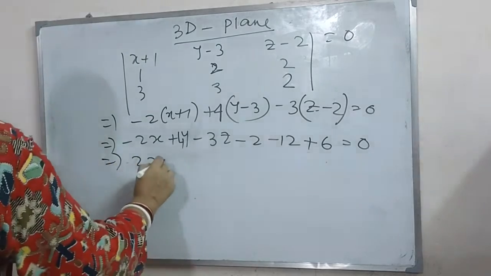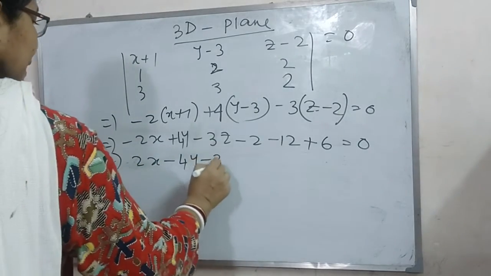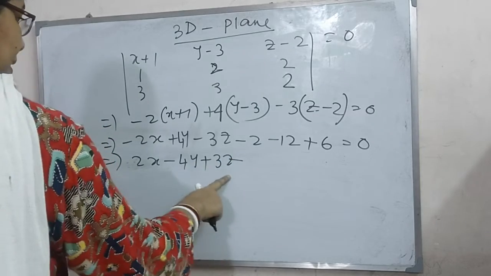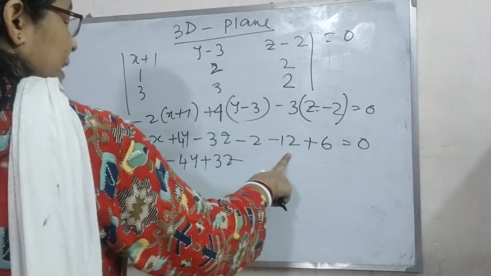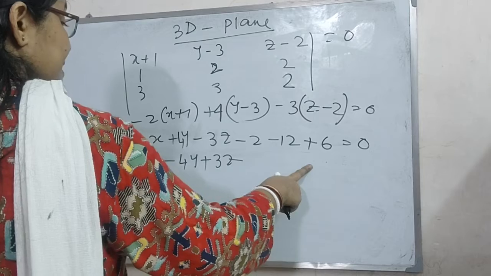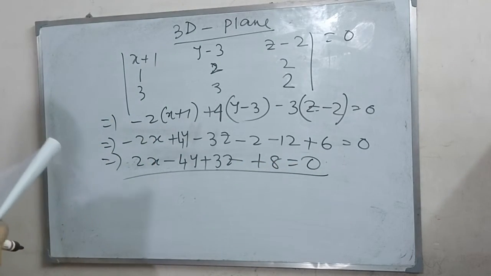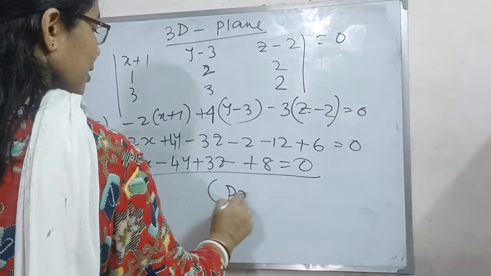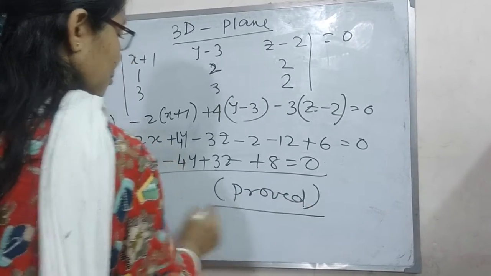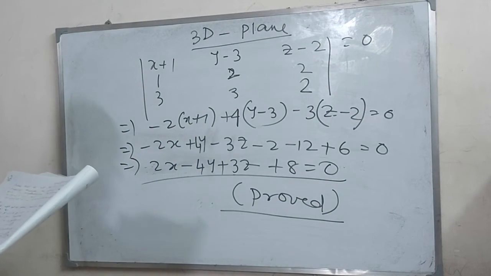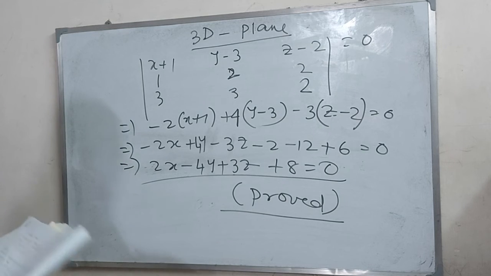So 2x minus 4y plus 3z, this is minus 14 plus 6 that is minus 8, plus 8, equal to 0. 2x minus 4y plus 3z plus 8 equal to 0 is the required equation of the plane. Hence proved. Okay, I am ending here.